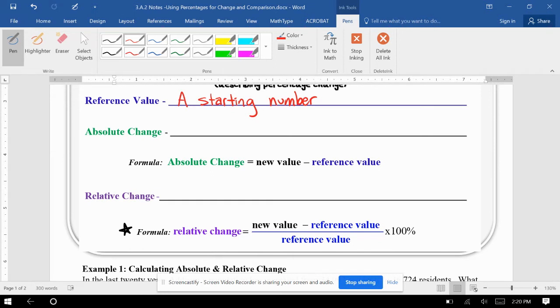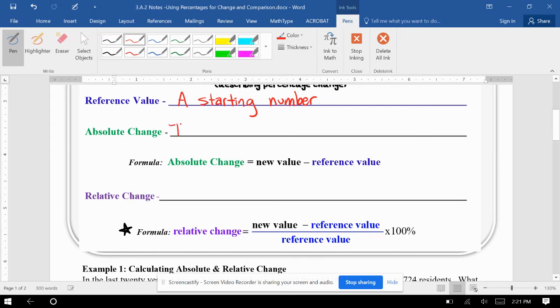The absolute change, let's say we talk about money again, is the actual difference in dollars, not percent. Say I had $100 10 years ago and now I have $1,000. I would subtract those two numbers and I would get a $900 value. So these are just a value and not a percentage.